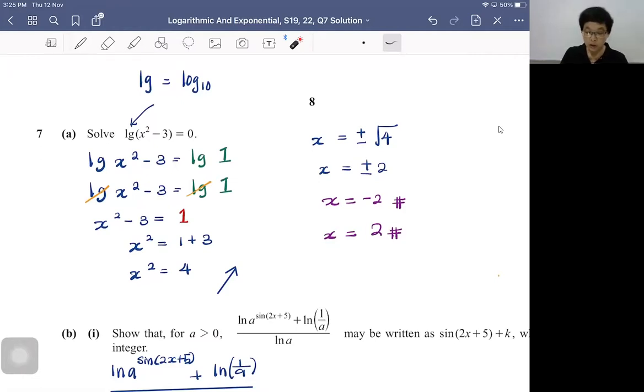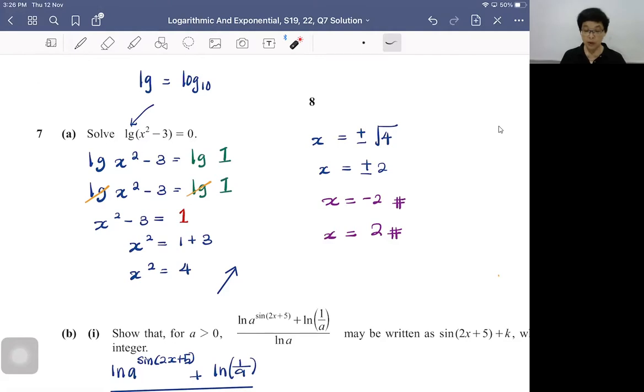Before we move on, we just want to make sure every one of us is comfortable with the shortcut symbol of log. When they give the short form lg, we know that lg actually represents log to the base of 10.